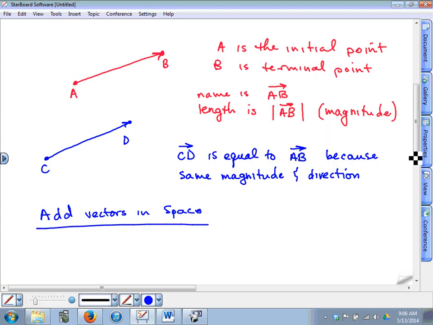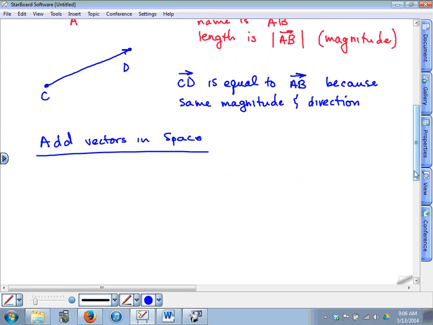So let's say we had vector AB, and I want to add vector CD.